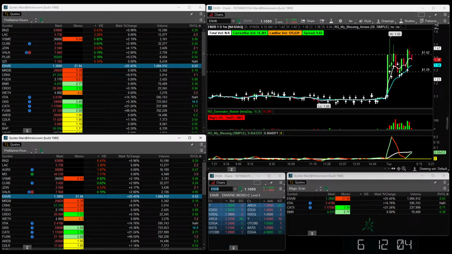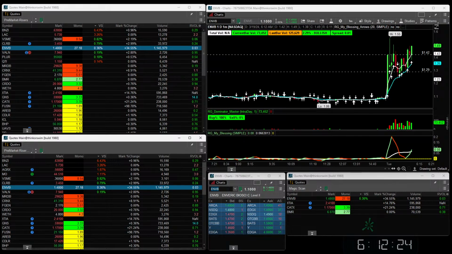Volume did increase a bit on that last candle, but they couldn't push it up any higher. Now we're back down below the resistance line. Now we're back above it.